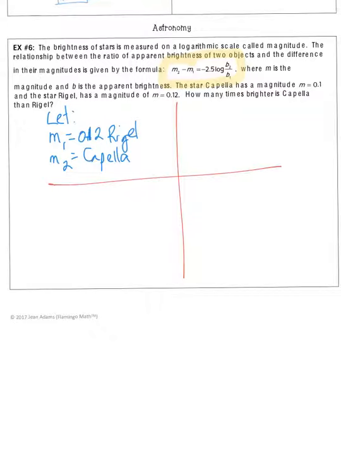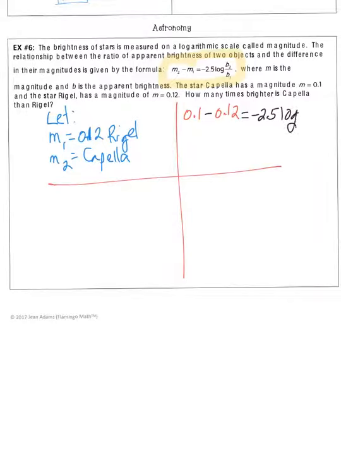Then let's plug into our formula what we know. We only know those two things. So for M sub 2, which comes first, I'm going to put 0.1 minus M sub 1, which is 0.12, and that's going to equal negative 2.5 log.